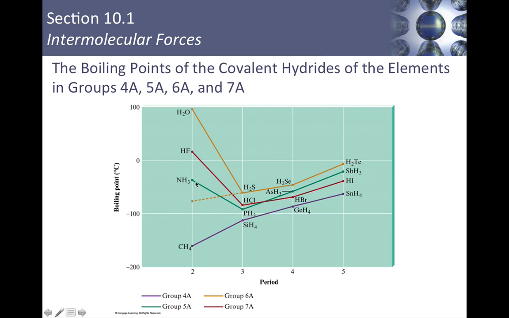Why is it that ammonia, NH3, has such a higher boiling point than phosphine, PH3, or arsenic trihydride? What's going on here that actually causes it? And it's all going to go back to what we know about the arrangement of the electrons, the size of the nucleus and the amount of rings, and how that's going to affect the ionization energy and therefore the electronegativity of that element.